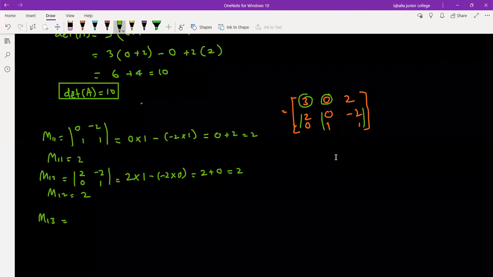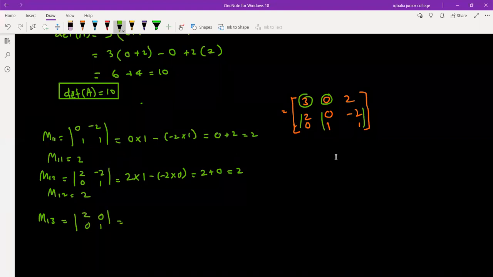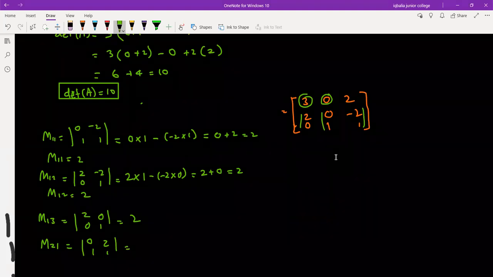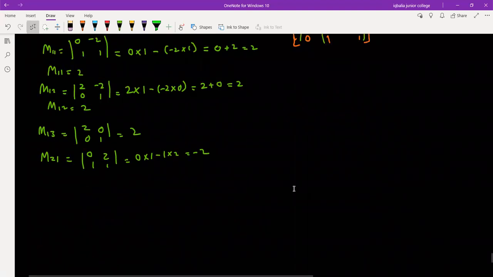M13 will be 2. M21 will be minus 2. M22 will be 3.